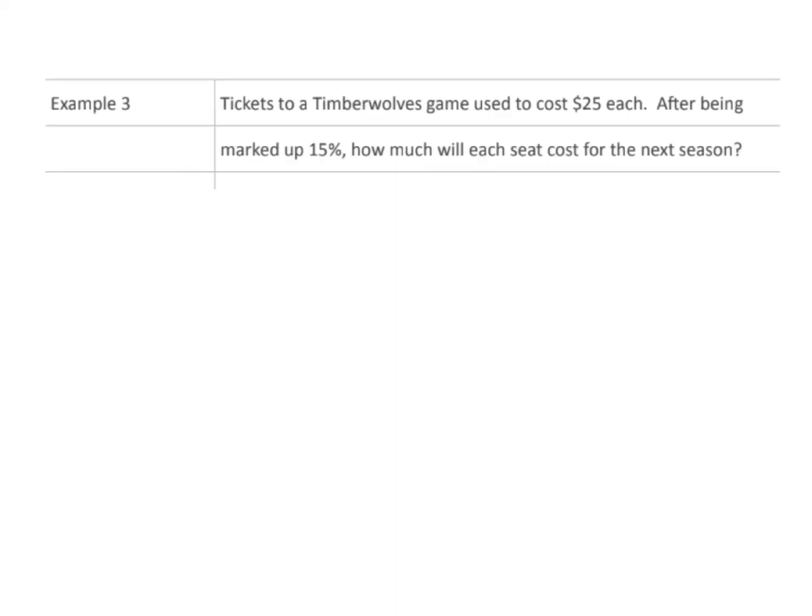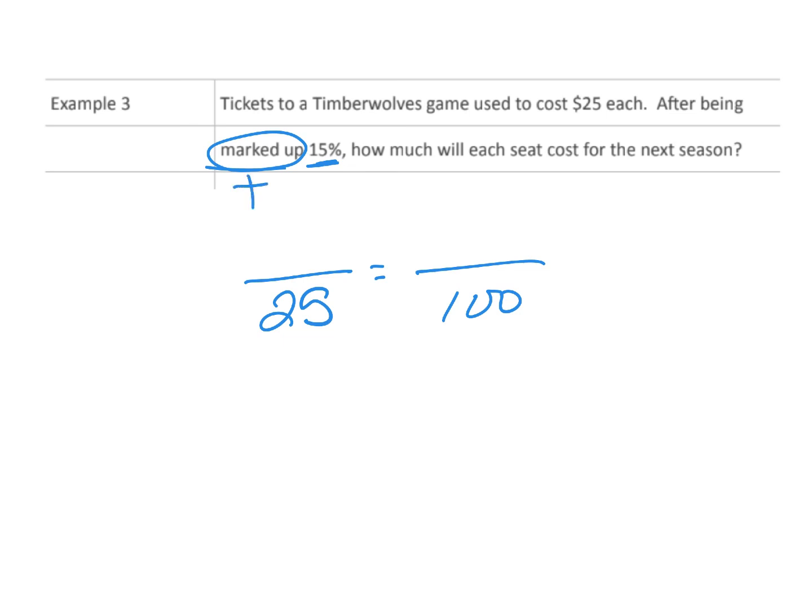Let's do example number 3. And again, we're going to set up our percent proportion. Tickets to a Timberwolves game used to cost $25 each. That's going to be our original price over here. After being marked up 15%, so marked up means we're going to add, 15% goes over 100. How much will each seat cost for next season?